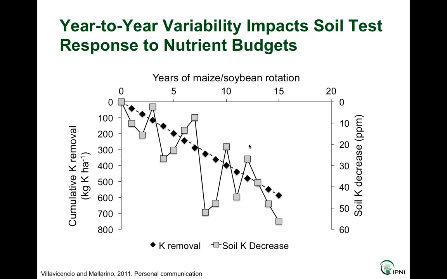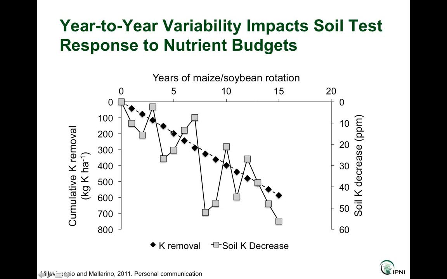So here is a kind of a problem that our crop advisors face often. This is a study that was done in Iowa over 15 years. This was a maize soybean rotation. And here we look at the cumulative amount of K removed over that 15-year period. And that's what these black diamonds are showing.